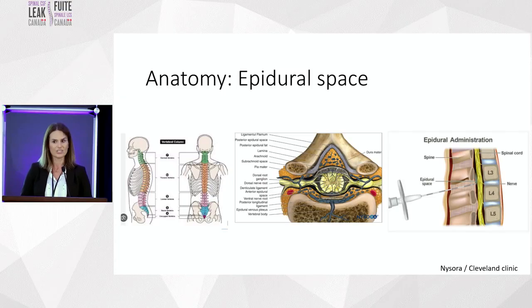That extends from C1 up to the sacrum. Posteriorly, the epidural space is filled with fat. Anteriorly, it's filled with nerves and blood vessels, and that has an importance when we talk a bit later about when we do the injection of the blood anteriorly or posteriorly.